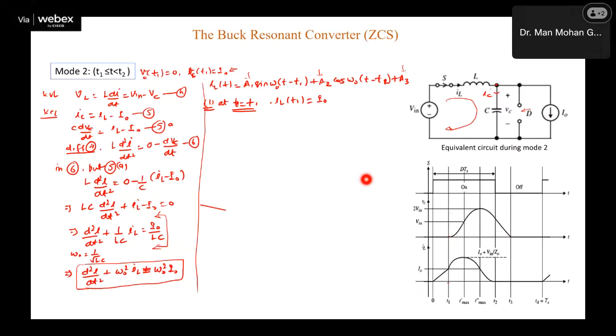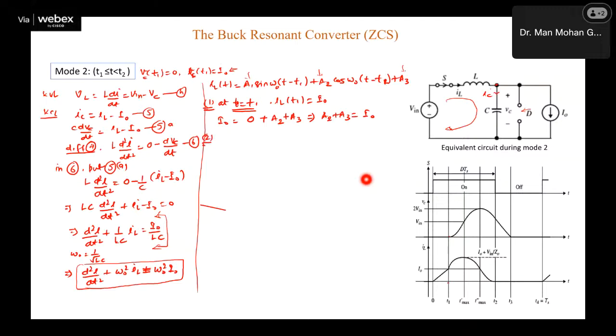So let us put t equal to t1 here. So IL(t1), that is I naught. If you put t equal to t1 in this, so it becomes A1 sine omega naught (t1 minus t1), that is 0. If you put it here, then this is cos 0. Cos 0 is 1. So this is A2 plus A3. So this is the first equation which we get from here. A2 plus A3 equal to I naught.